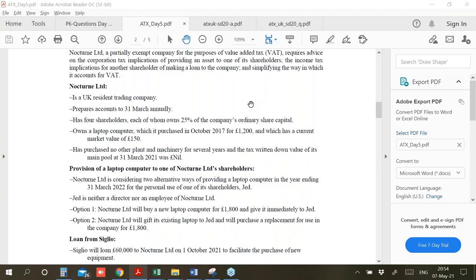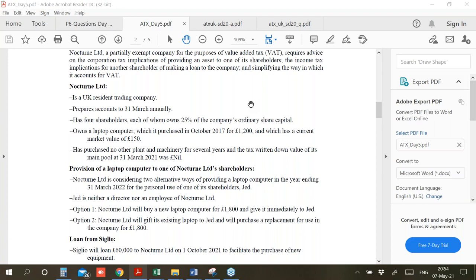In option 2, Nocturne Limited will gift its existing laptop to Jed and will purchase a replacement for use in the company for 1800. Now, what will happen in this option? Nocturne Limited will gift the old laptop to Jed, not the new one, and the new one they will buy for themselves.